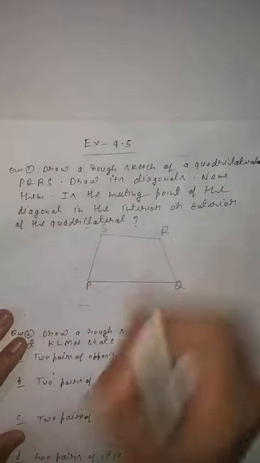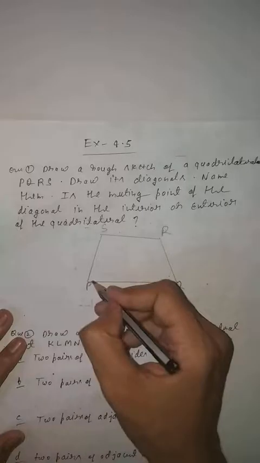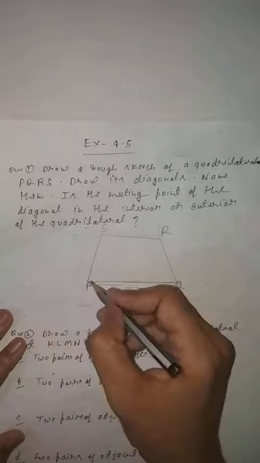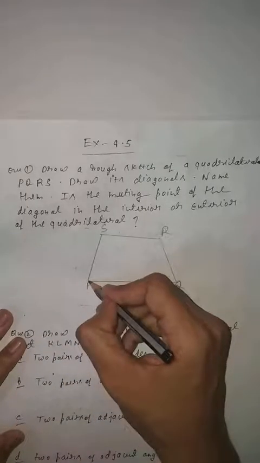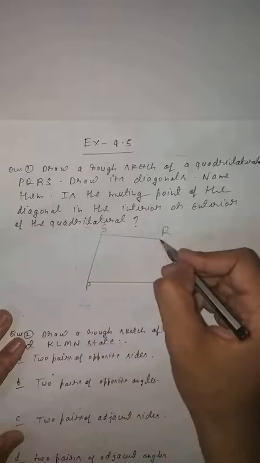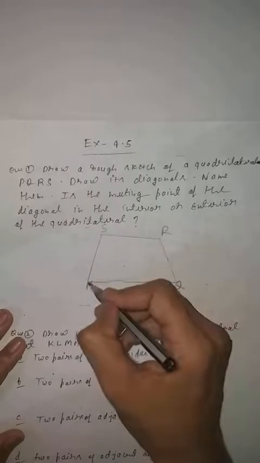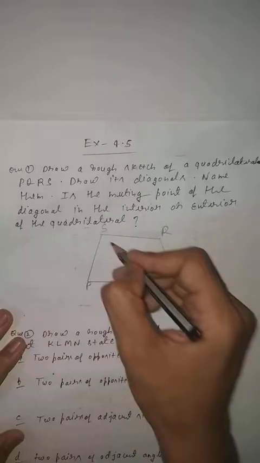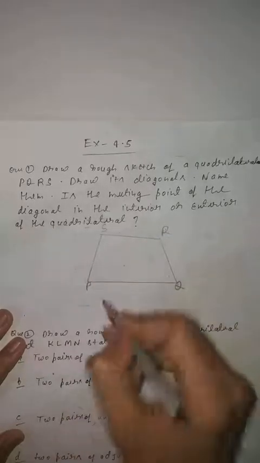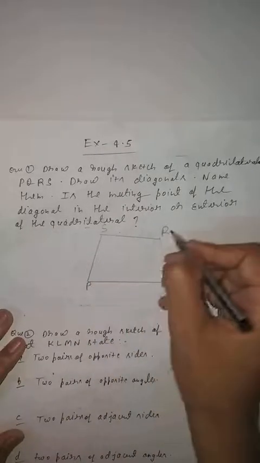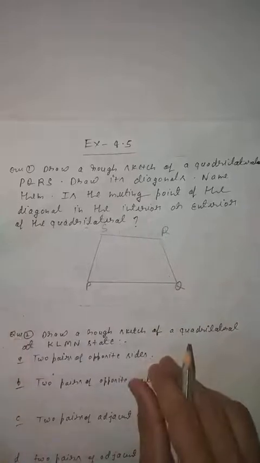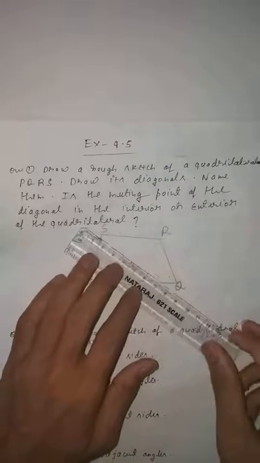Now draw its diagonals. What does diagonal mean, students? In the previous video I explained: if you join the opposite vertices, this is P, this is R, this is S, this is Q, clear? So you will form a diagonal. So what are opposite vertices?